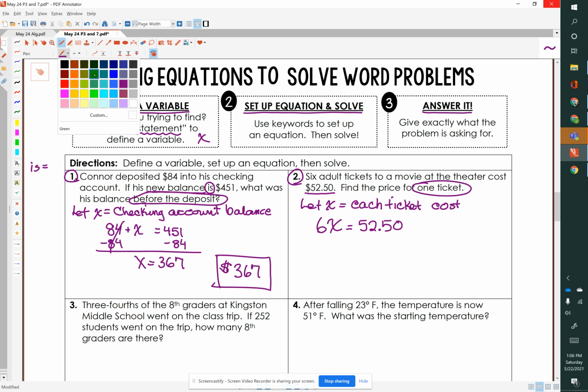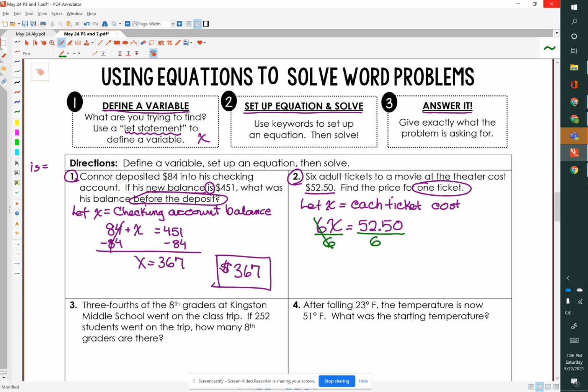So the next thing we will do is divide both sides by 6 because we want to isolate x, and whatever we do to one side of the equation, we must do to the other. And $52.50 divided by 6 equals $8.75. So we're talking about money, so let's answer in money with a dollar sign, $8.75.